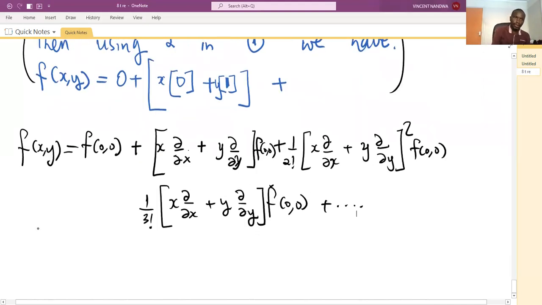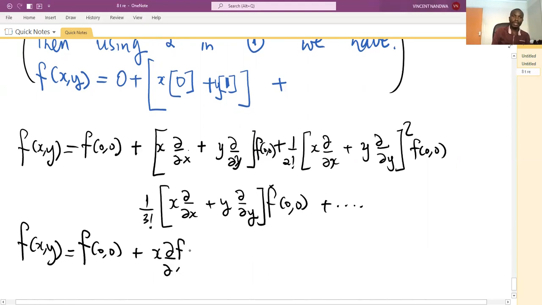So the expansion of this one is what we have: f of x comma y equals f of 0, 0, plus this one will just be x partial f partial x, but at 0, 0, plus y partial f partial y at 0, 0, plus now this squaring, just the same as a plus b squared.